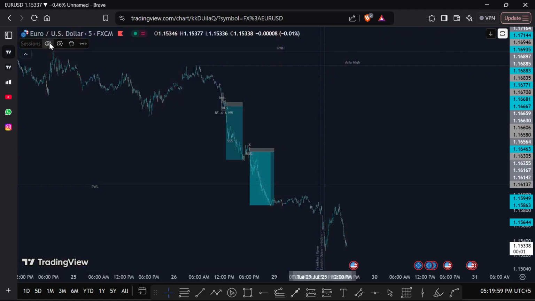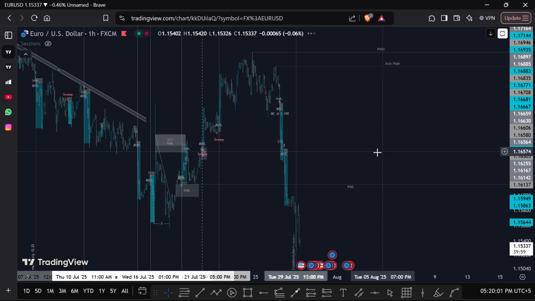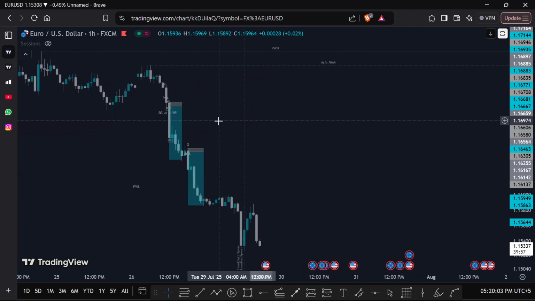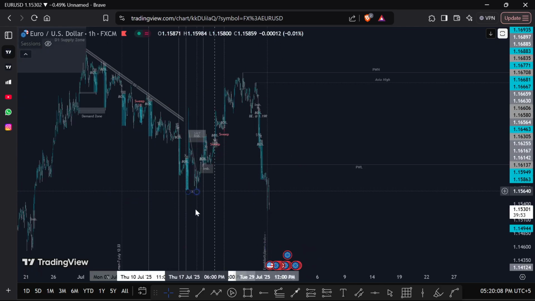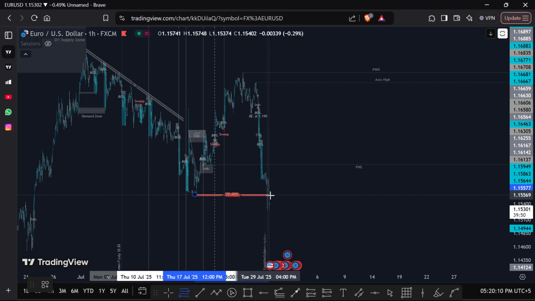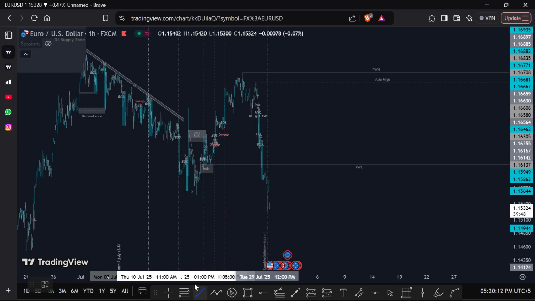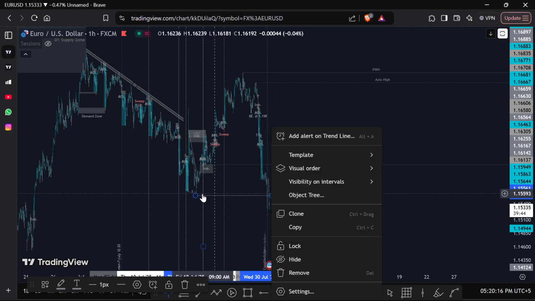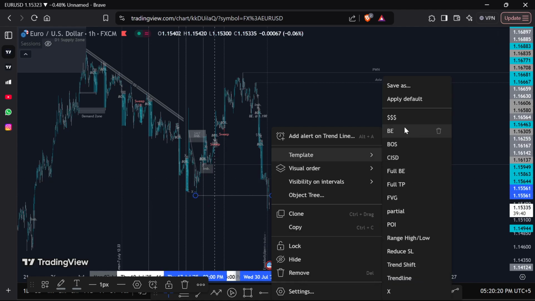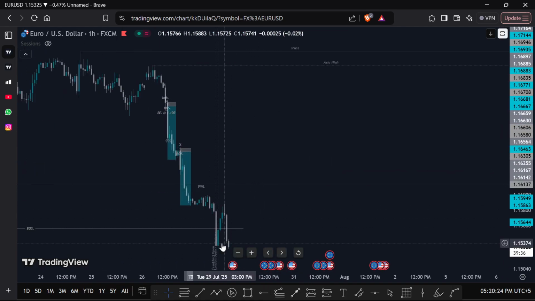So first of all, if you look at the market EURUSD on the 1 hour time frame, we can see that the market has created this impulse leg and is breaking down this previous higher low, and now what we are seeing here is a lower low.